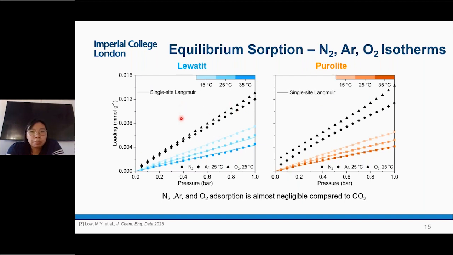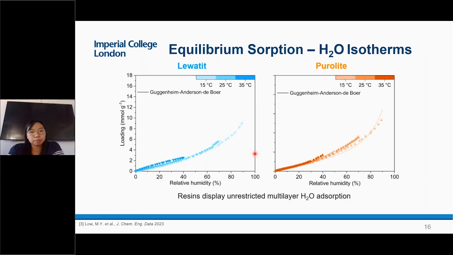All right, and then we also measured nitrogen isotherms at 3 different temperatures, shown here in the squares, as well as argon and oxygen isotherms, shown in the diamonds and triangles. The main takeaway here is that the nitrogen, argon, and oxygen isotherm loading is a lot lower compared to CO2, almost negligible, which is ideal for both materials.